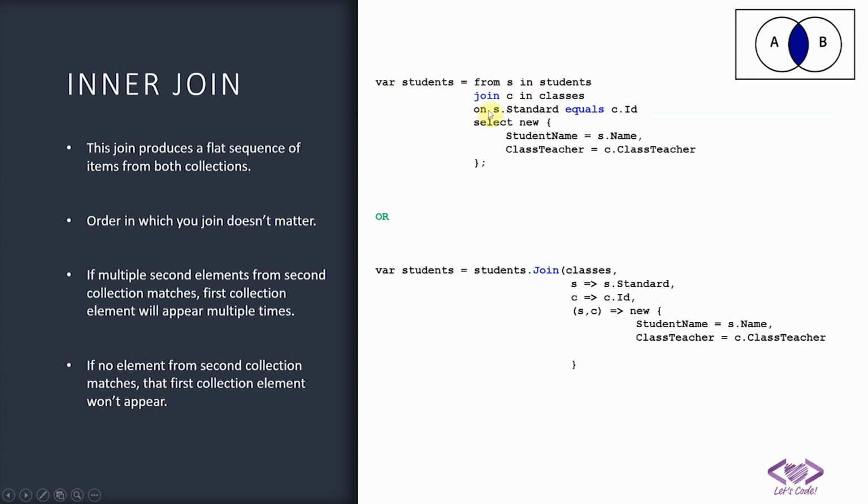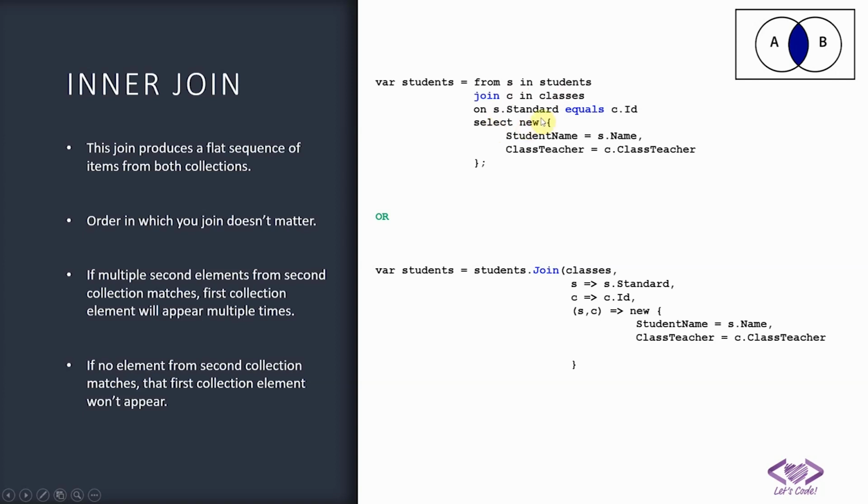Then we say on S.standard equals C.ID. These two parameters, one from the students collection and one from the classes collection, establish a relationship by saying this standard is equal to this ID. This is the way we tell the relationship between these two collections.